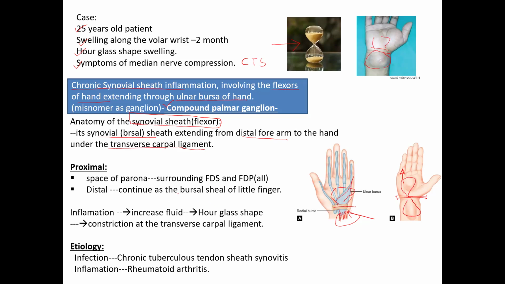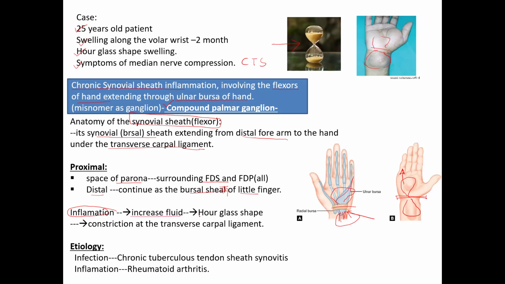Proximally it extends till the space of Parona, surrounding FDP and FDS. Distally it continues as the bursal sheath of the little finger. Okay, how is compound palmar ganglion forming? There is inflammation due to a chronic disease process, which causes an increase in the fluid in the bursa.